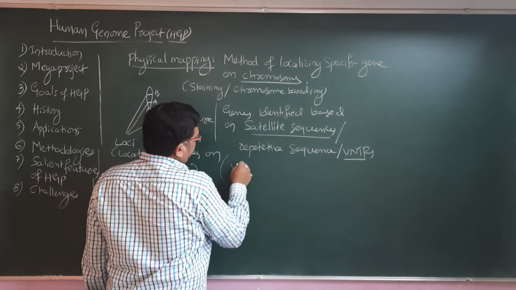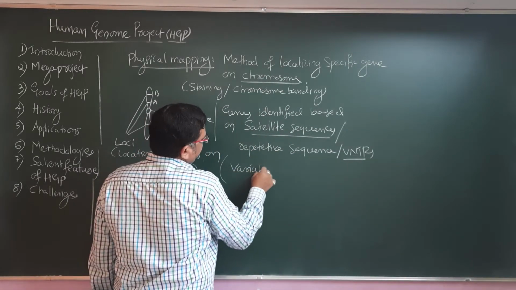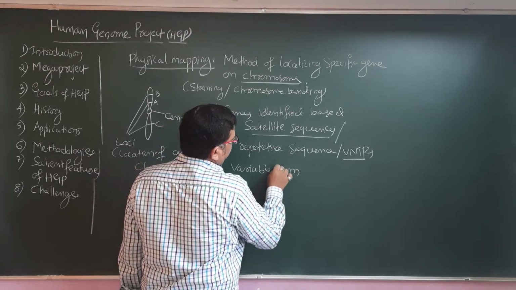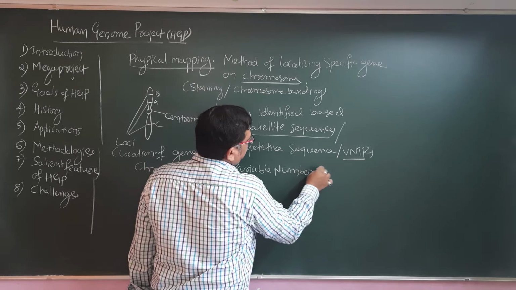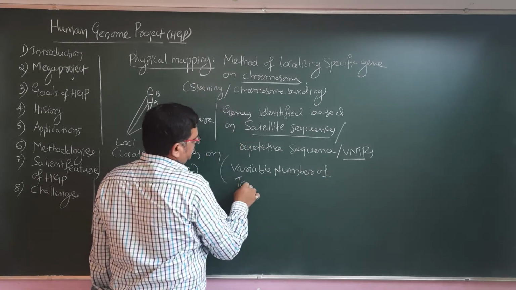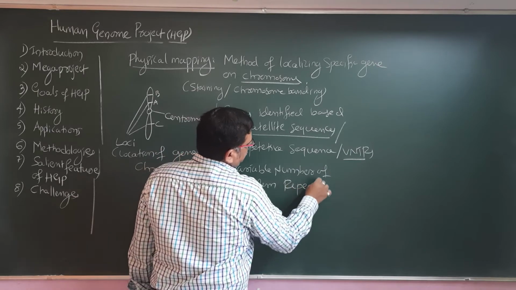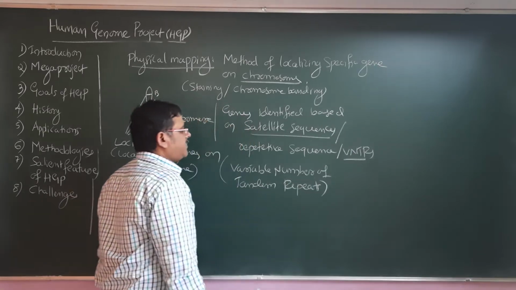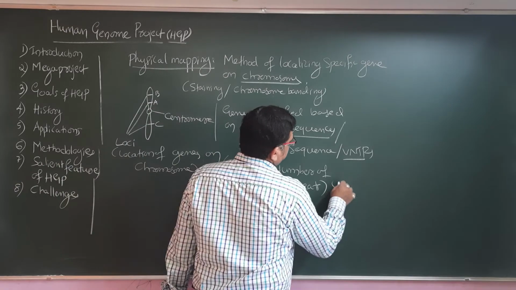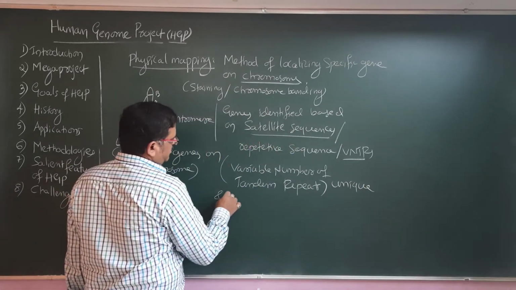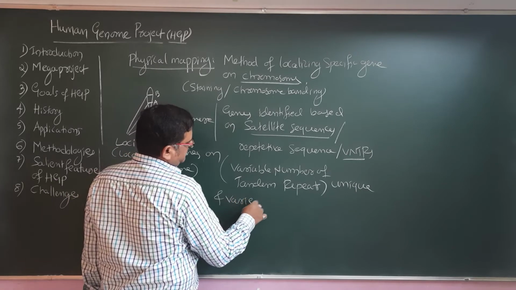VNTRs are variable number of tandem repeats. So these variable number of tandem repeats are unique. Okay, and vary from person to person.